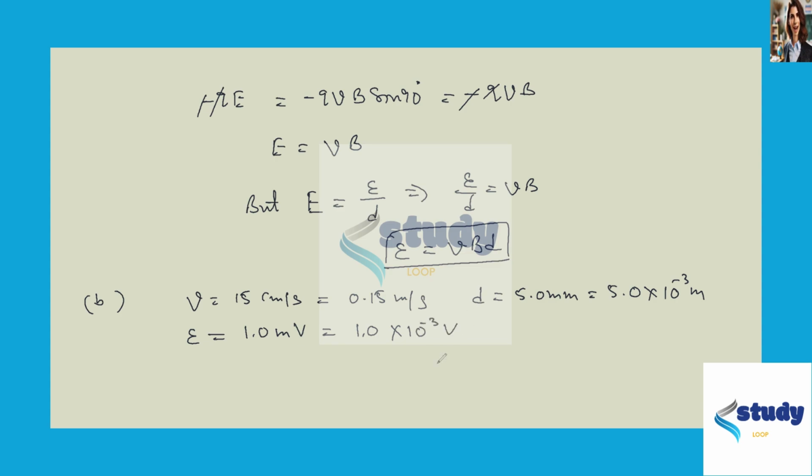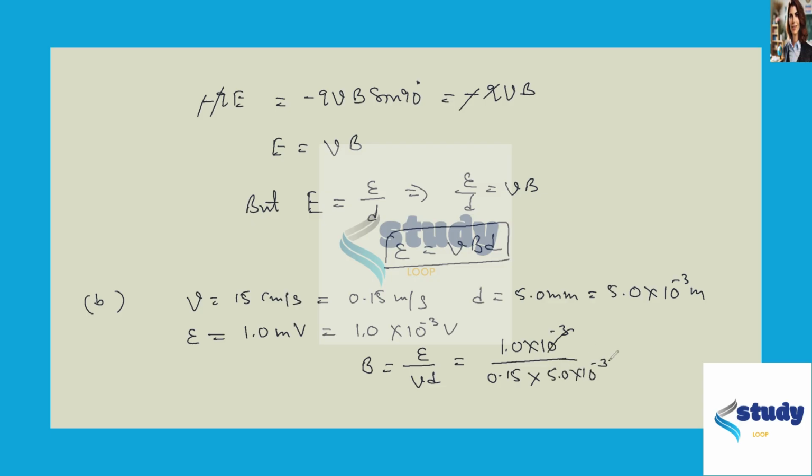So using the same expression which we proved in the first part, the expression for magnetic field comes out to be epsilon divided by Vd. When we put these values, for epsilon this is 1.0 into 10 raised to the power minus 3 volt, for speed this is 0.15 meter per second, and for D this is 5.0 into 10 raised to the power minus 3.